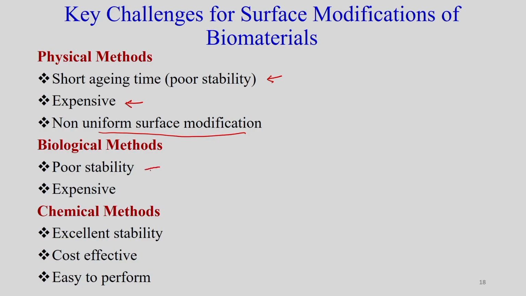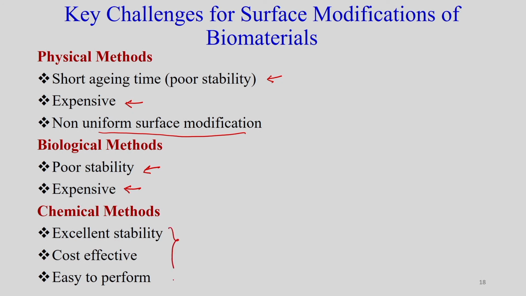In case of biological methods, the biomacromolecules themselves are very susceptible to harsh conditions such as pH, temperature, and ionic strength, and again their immobilization and attachment is an issue, and the cost of the biomacromolecule itself is expensive. Next comes the chemical method.